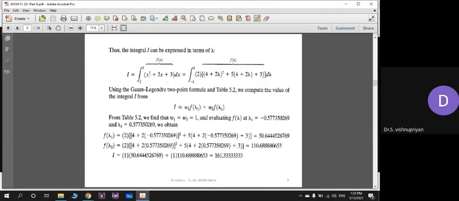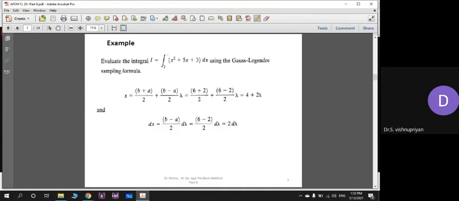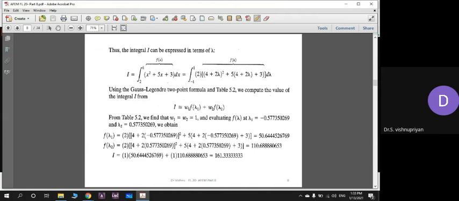But ignoring that 2, we have x square equals (4 plus 2 lambda) square, plus 5 times (4 plus 2 lambda) plus 3. Now here is this dx. This dx from the last slide is 2 d lambda. In the place of dx, you will write 2 d lambda.